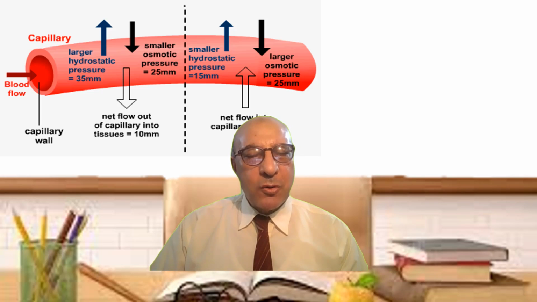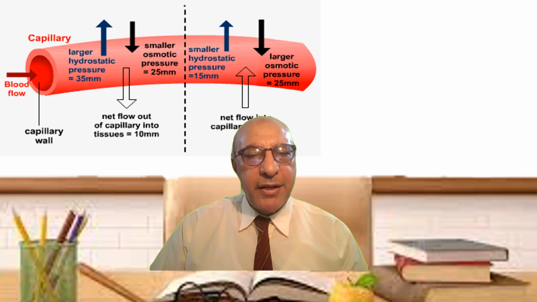And still the oncotic pressure of the plasma protein, mainly albumin, is 25. So at the distal or venular end of the capillary, the difference between the hydrostatic pressure and the osmotic pressure is in favor of absorption of fluid. Actually, we have now oncotic pressure 25 minus 15 hydrostatic pressure.